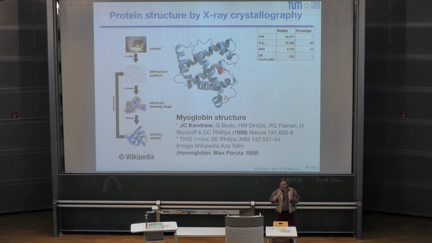The protein does not have numbers, residue 1, 2, 3, 4. You have to, from that electron density map, by fitting, get out the atomic model. So which density, which visual signal, corresponds to which residue? That's not so trivial work to do.